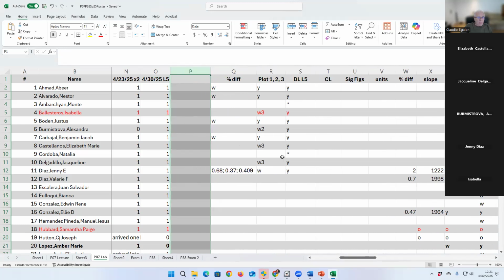Okay. And let's see the other one. Valerie. Hello. Did you download your spreadsheet? Yes. Okay. Did you plot the three graphs? Yes. Okay. Can you tell me what's the percentage difference of each one? Yeah, I got really large numbers. They're all about 199. Okay, so there's a problem there, right?